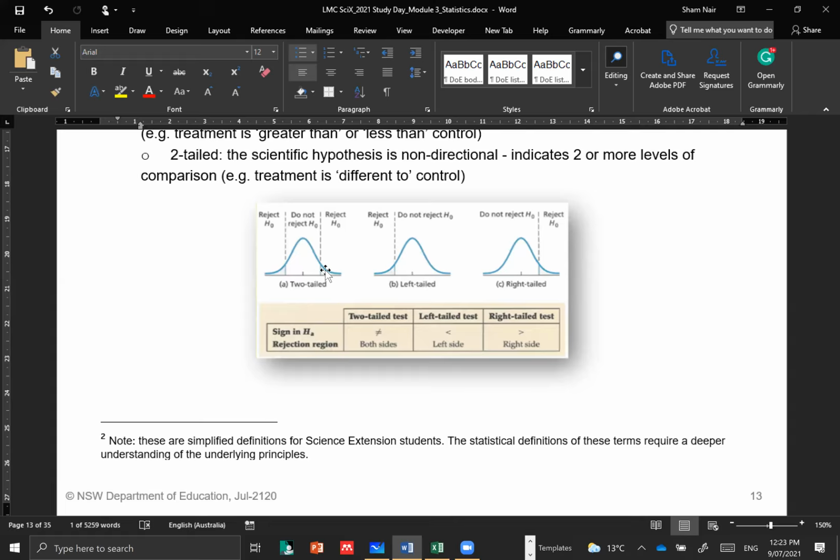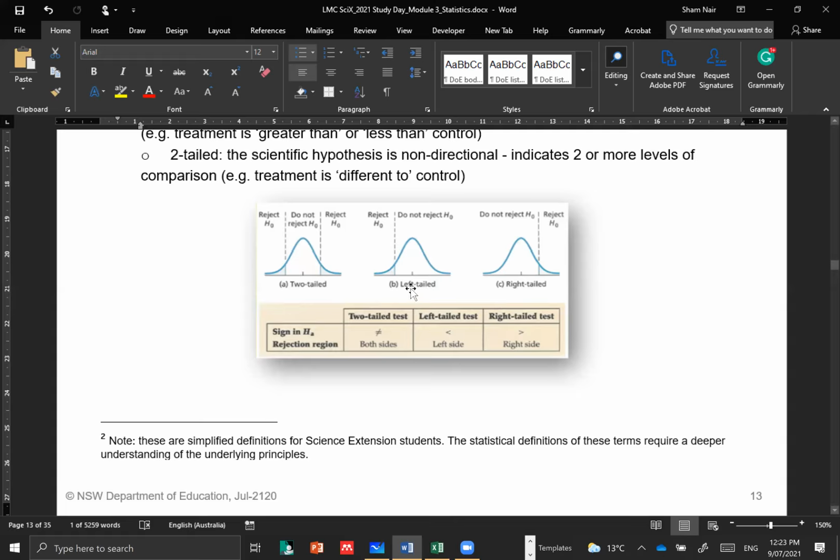All you want to know is whether there is a difference. That type of test is called a two-tailed test. The other type of question you can ask is, is treatment greater than control? See that here on the right? Or is treatment less than control? You're only looking at one side of the graph and therefore they're called one-tailed.